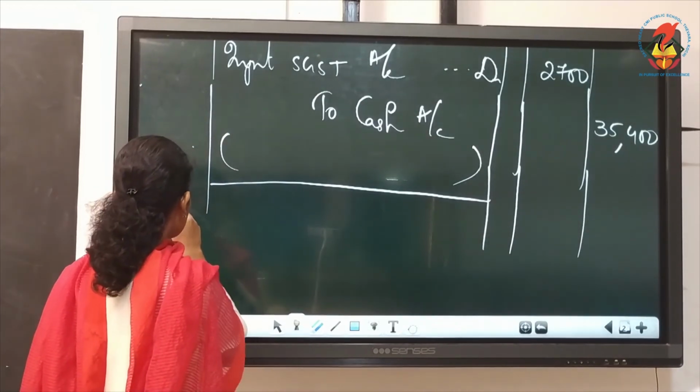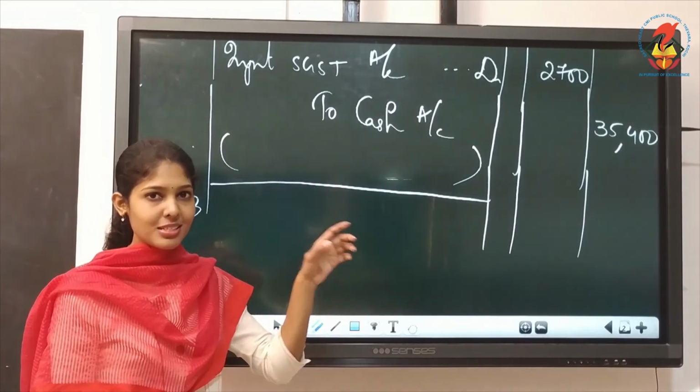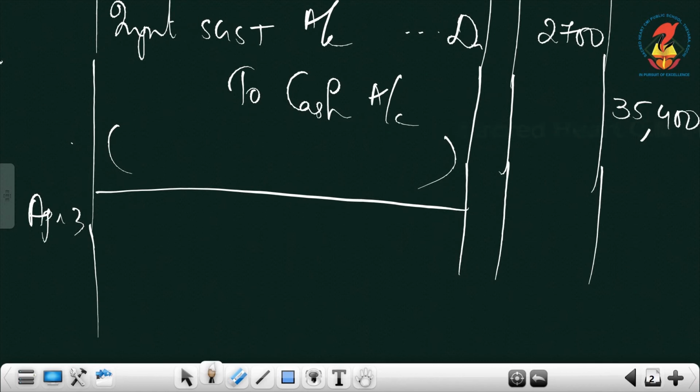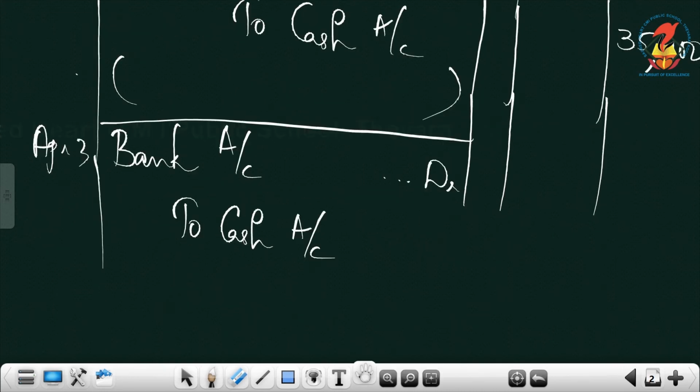See, when you write, don't simply put brackets like this. You must write narration in that. April 3rd. Yes, opened bank account. So it is the bank account which you have to debit. So bank account debtor to cash account.